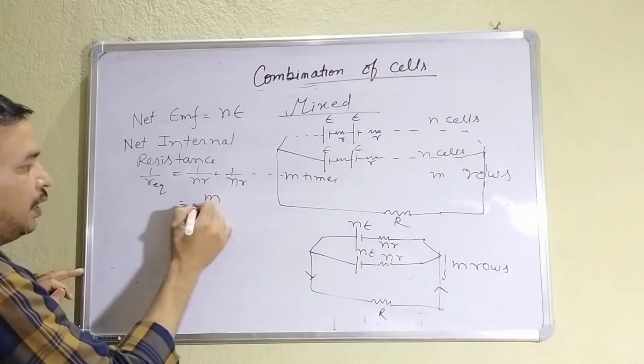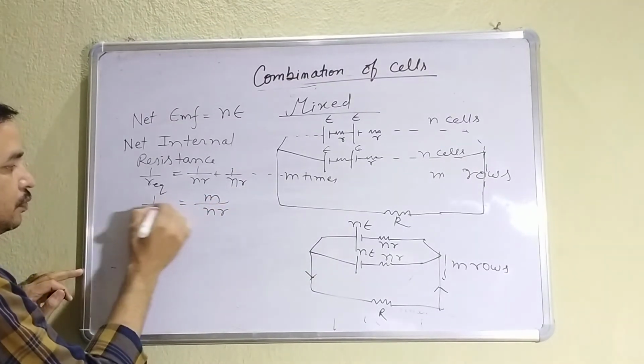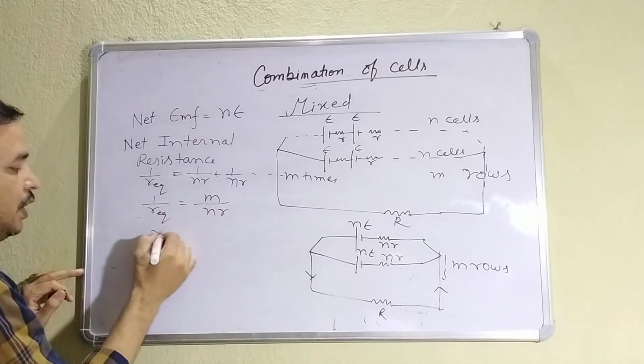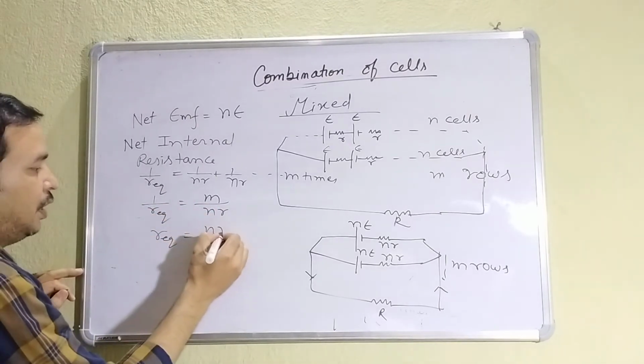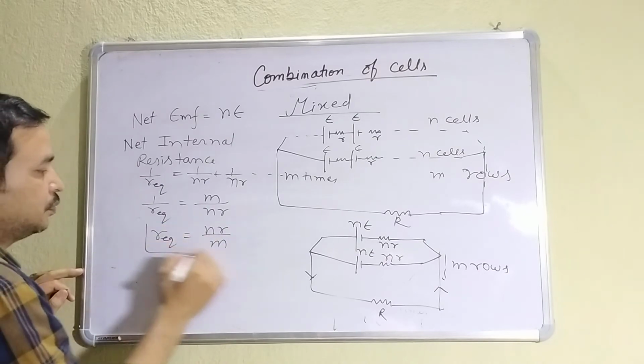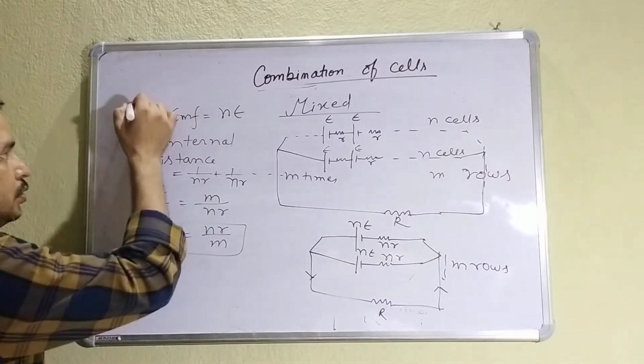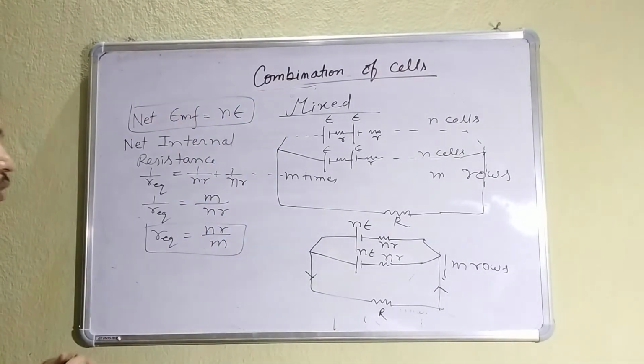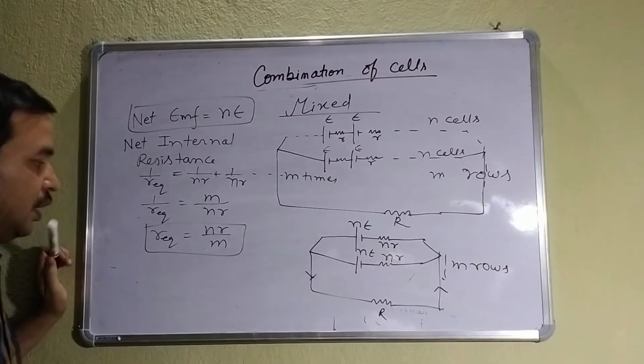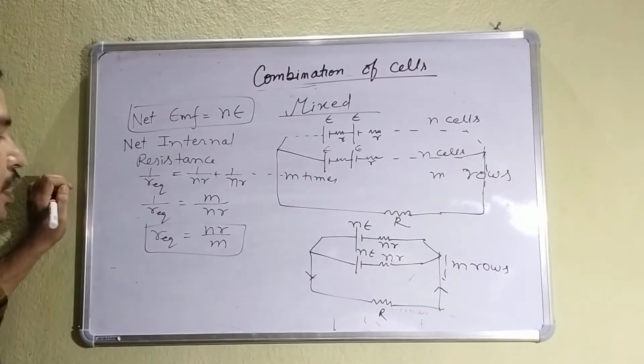So this is m by nr. So what is R equivalent? nr by m. So we have derived the formula for net equivalent resistance and net EMF.